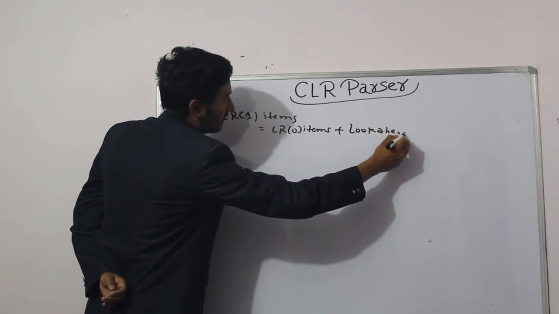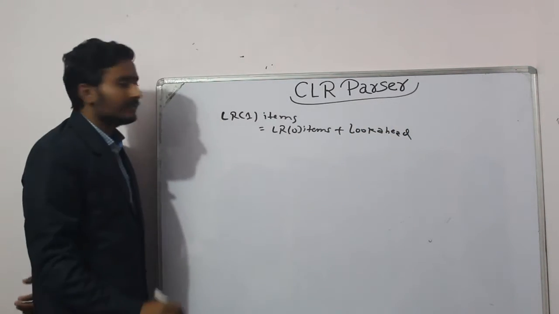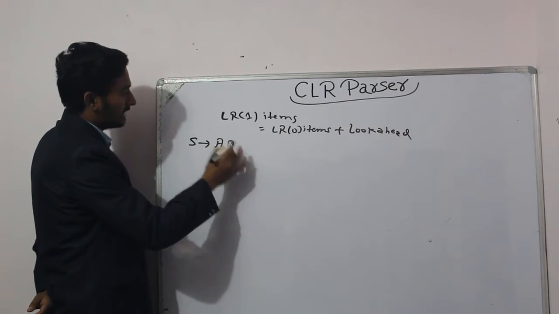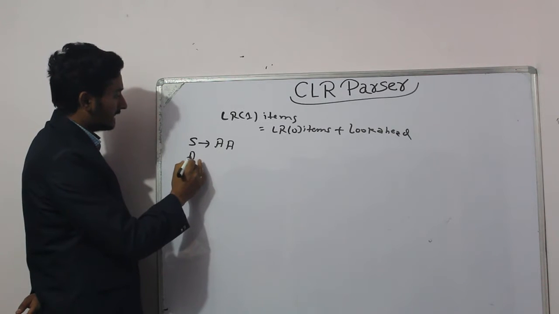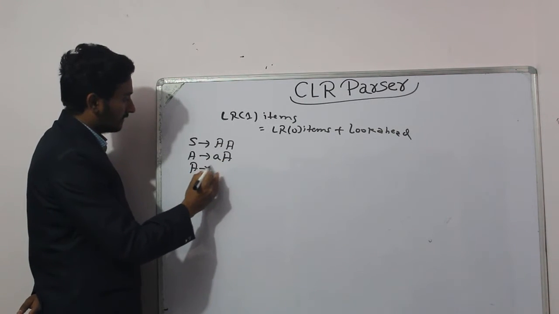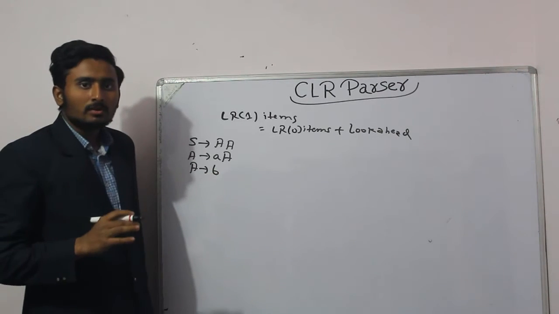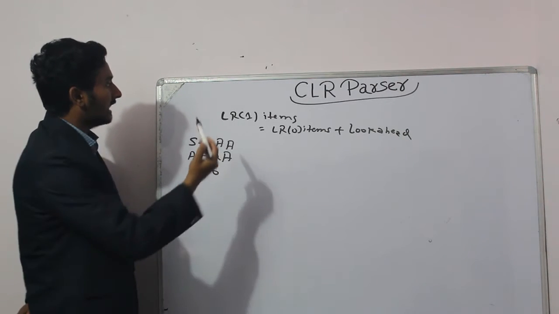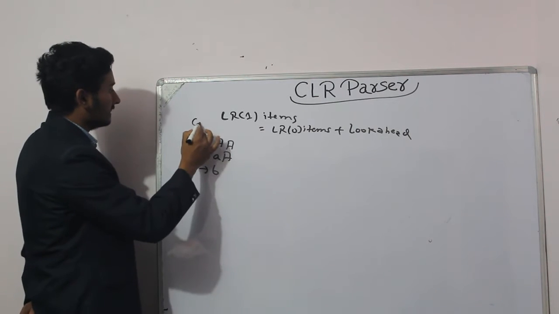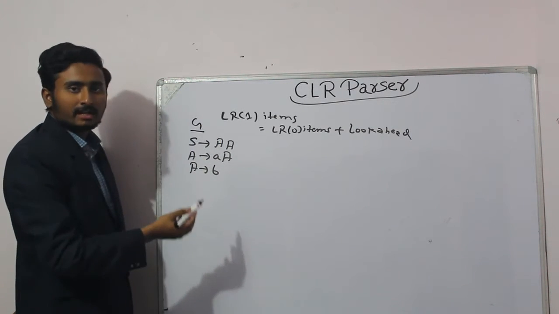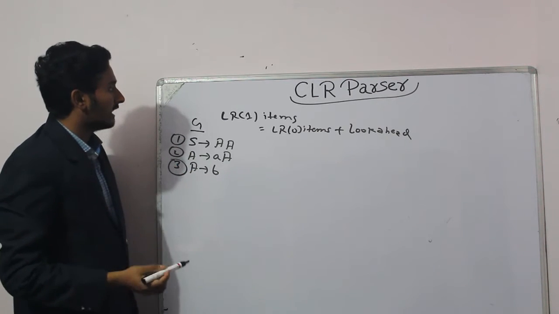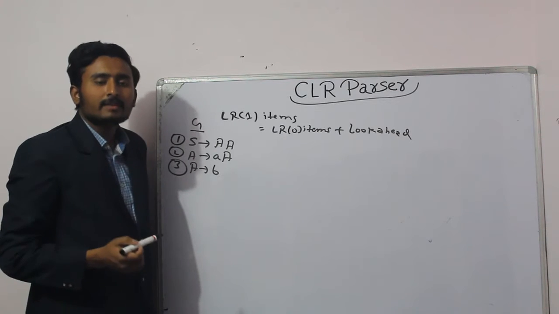Suppose we have the productions S derives A, A derives a A, and A derives b. Suppose this is a grammar G with three productions, and we are supposed to find the LR(1) items. So what will we do?